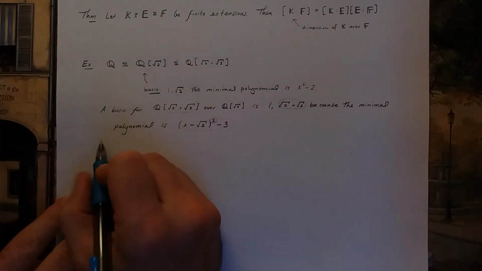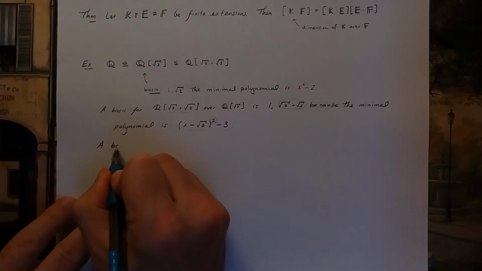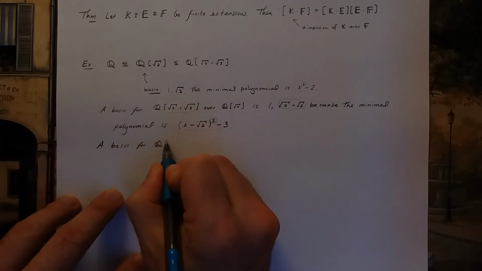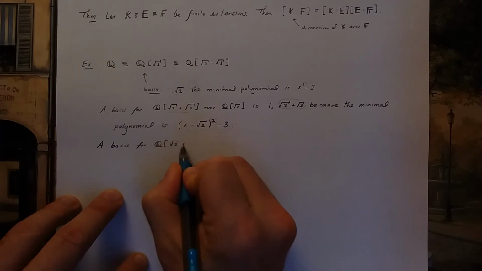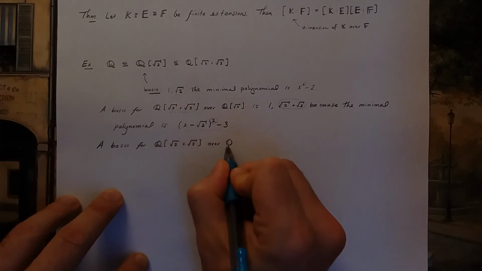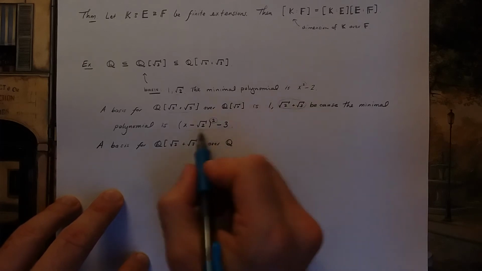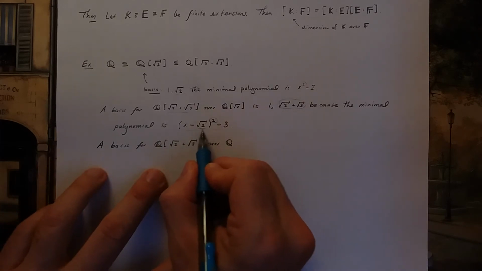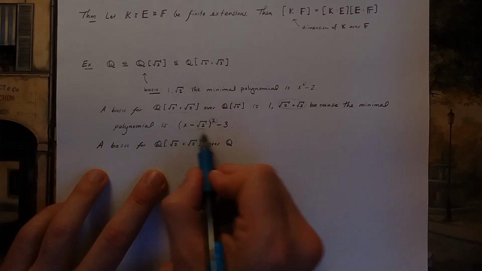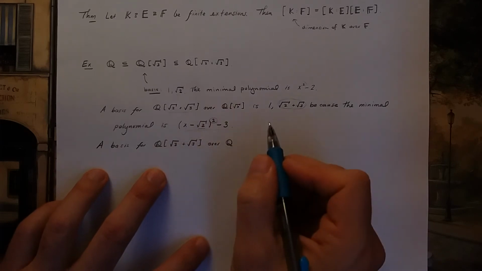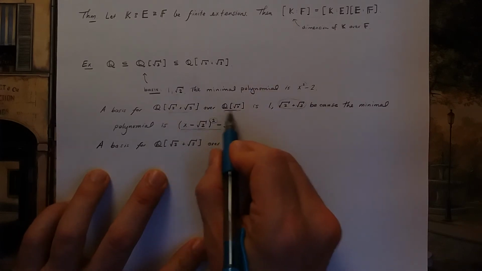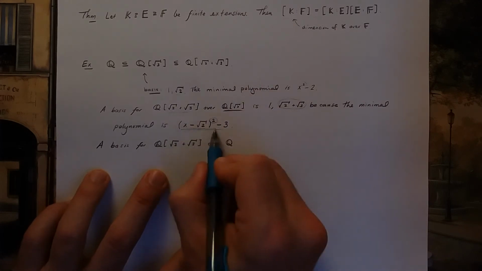Okay. Furthermore, a basis for Q, where I adjoin this element over Q, is different because I'm not allowed to use the square root of 2 as a coefficient of my polynomial if I'm only allowing rational numbers. I was allowed to say that this was a polynomial in the field Q adjoined root 2, however.